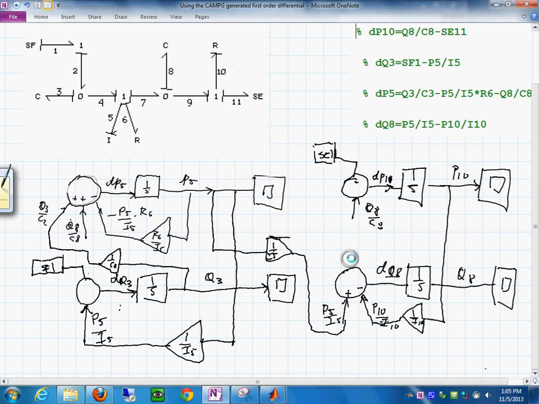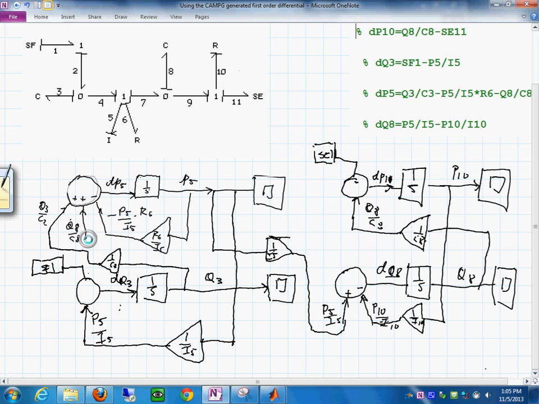Yeah? And finally, this q sub 8 over c sub 8 comes from this one. This q sub 8, if you multiply by 1 over c sub 8, and then you connect it here, we finish that one.